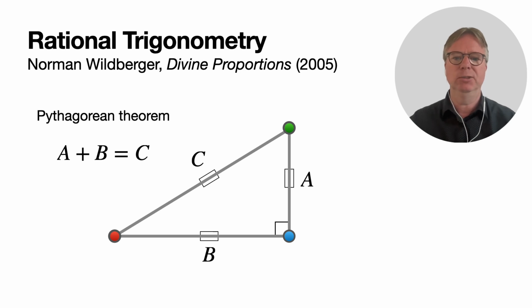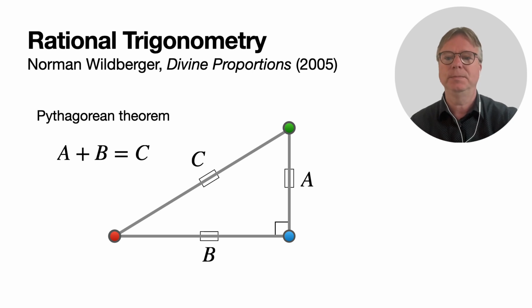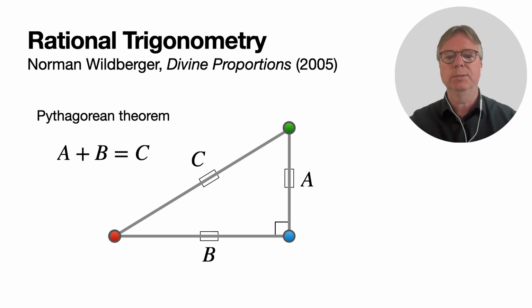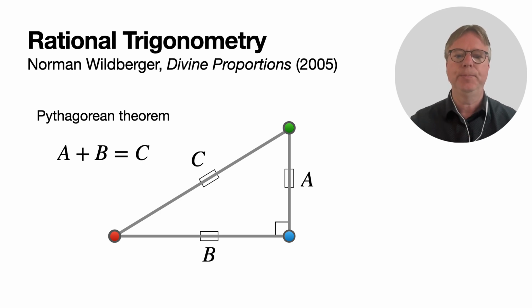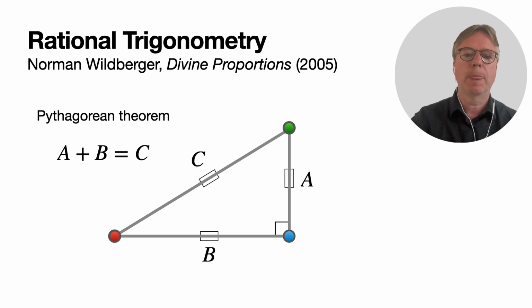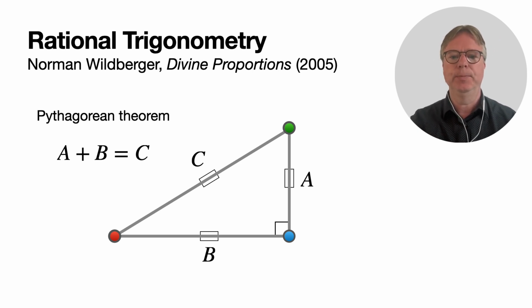It's A plus B is C. So there are no squares there. At some point we're going to take advantage of this, that it's now linear instead of quadratic. And of course that only works because we have a right angle at the bottom right part of the triangle, the blue point there.